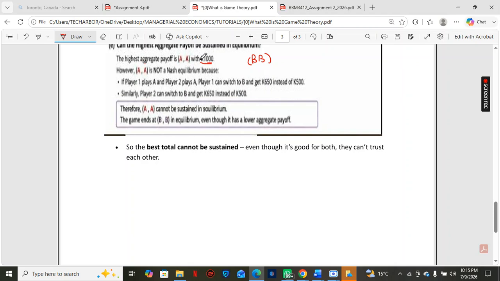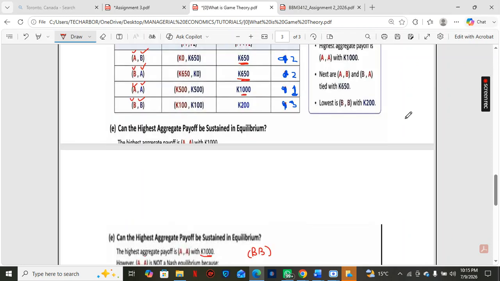Why? Because eventually one will choose a payoff that's higher than their friend's. It cannot be sustained because there is no trust between both players. One will eventually choose a better payoff than the other. Any questions?